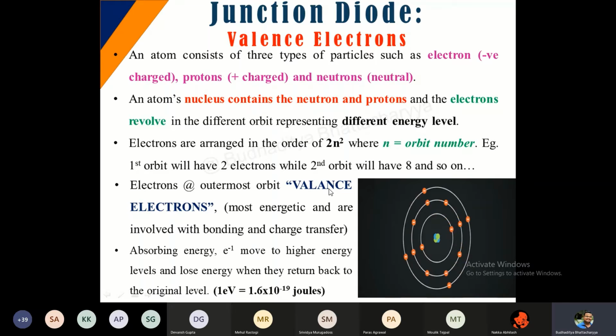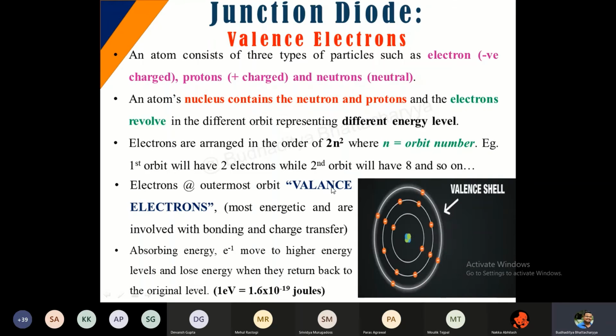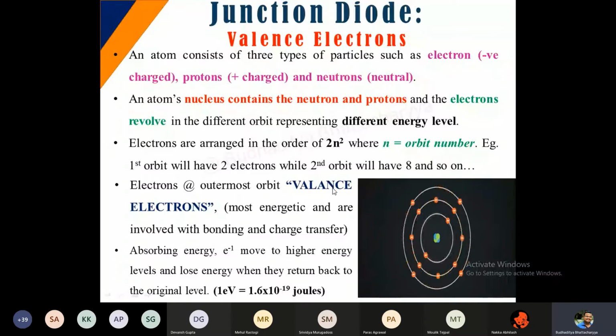This happens to be the key element to all the discussion on semiconductor devices. It is the key criterion on which the whole of the PN junction, N junction, P junction diodes, and even the transistors later will depend, with respect to the valence electrons. Why?